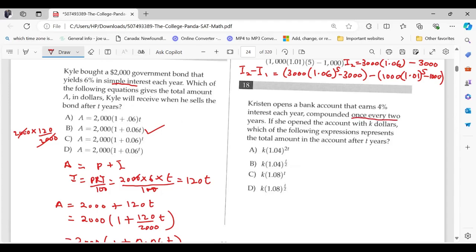That means in 20 years, for example, it will be compounded 10 times. That's 20 over 2. So in T years, it will be compounded T over 2 times.